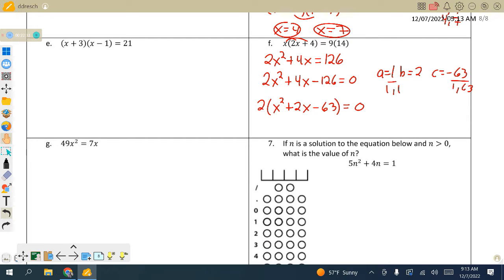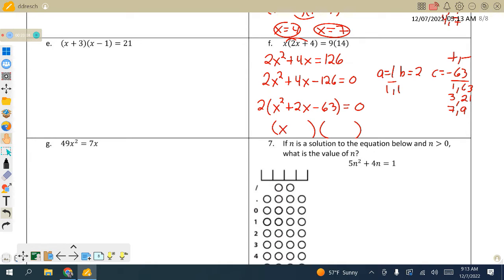Not a lot of opportunities for 63, 1 and 63. 7 and 9 is the other one, but there is also a possibility of 3 and 21. Again, be in the habit of listening to them, but 7 and 9, right? I think it's my other pair. And as we look across the board, trying to get a 2 out of that. All right. What's got to be true about the signs? Sames or opposites? Correct.